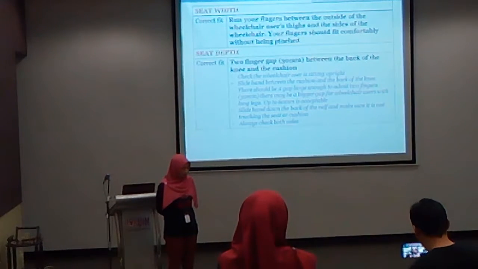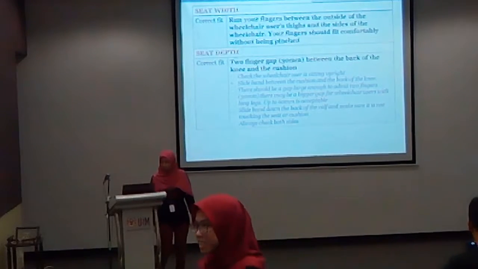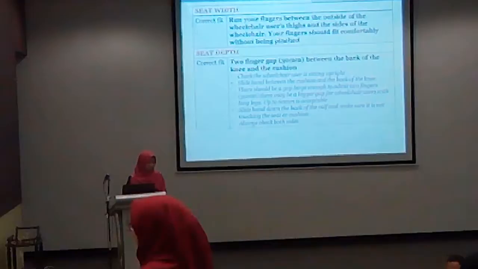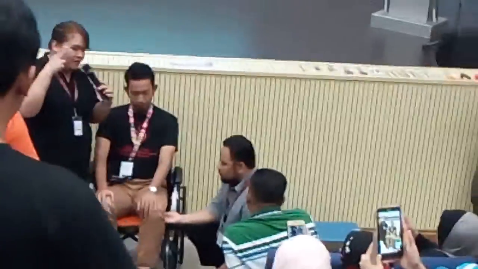Okay. So we go to seat depth. 2 finger gap between the back of the knee and the cushion. So we just pretend there is cushion, yeah. Tapi dia maksudnya jadi kita buat macam ni kan. Ini 30 mm lah, lebih kurang. Taruh bawah lutut.